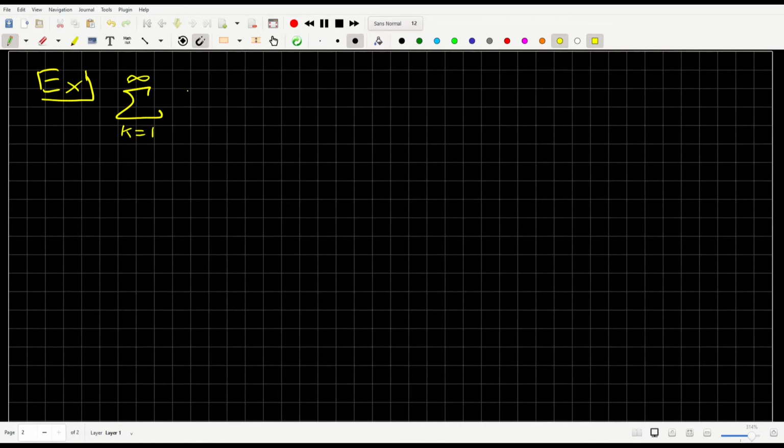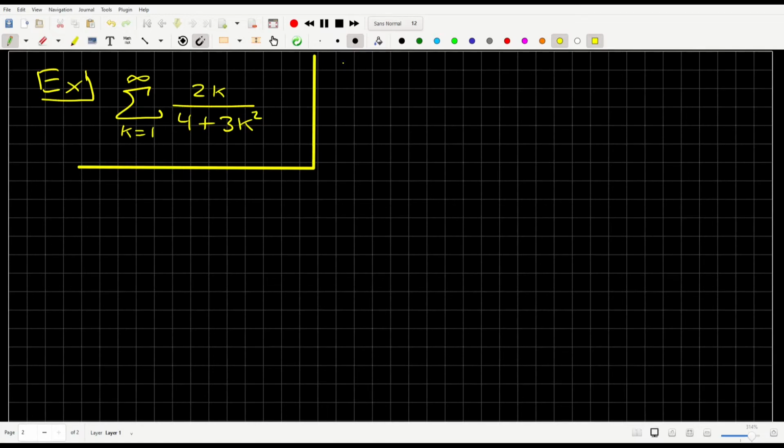So let's say we have this series, sum from k equals 1 to infinity of 2k over 4 plus 3k squared. So again, just like before, this rule of thumb is not to be used to apply the theorem.